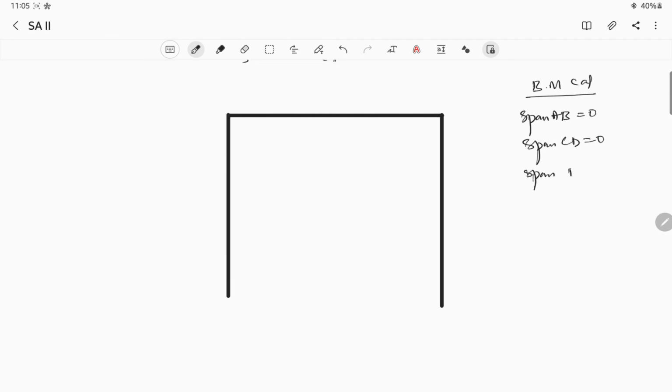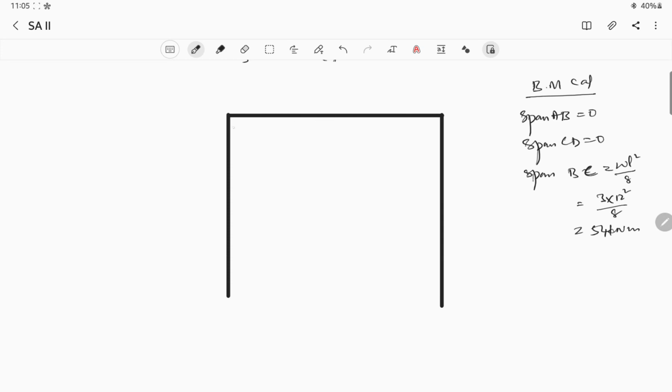For span BC, it will be WL square by 8, isn't it? Because it is UDL. So 3 into 12 square whole divided by 8, you'll get it as 54 kilonewton meter.